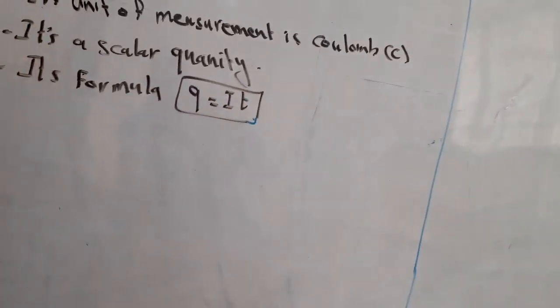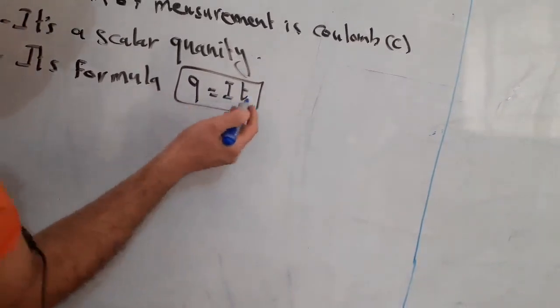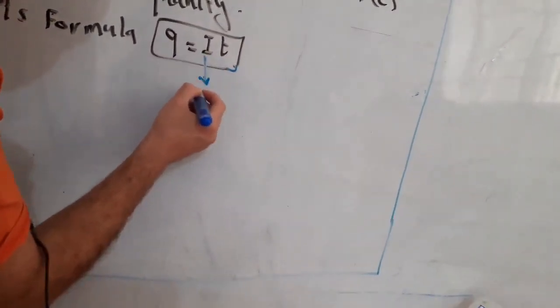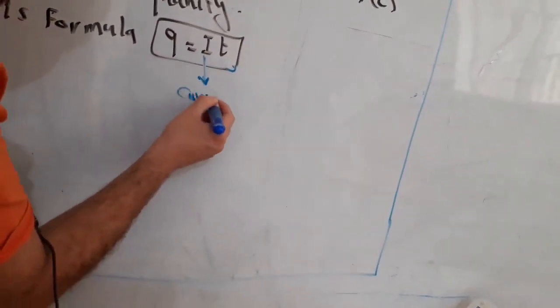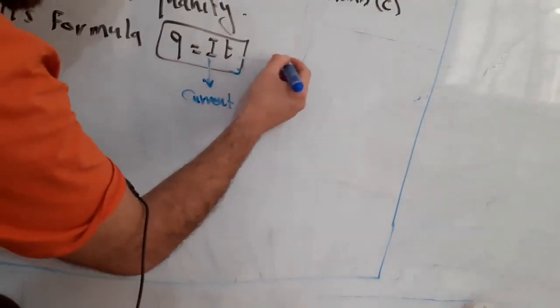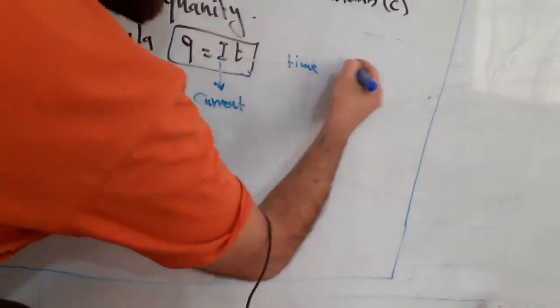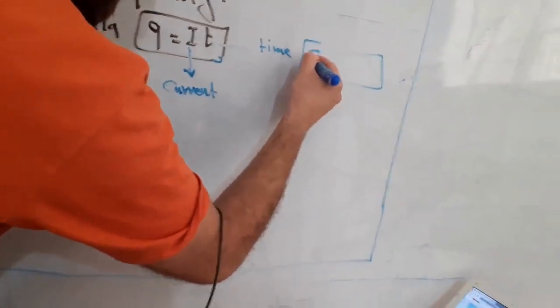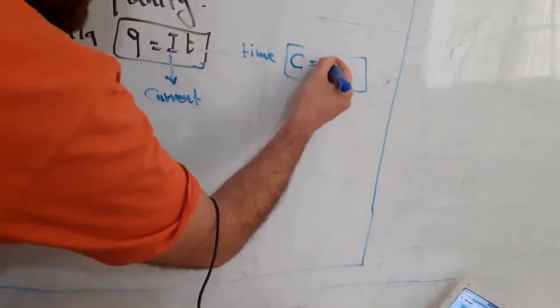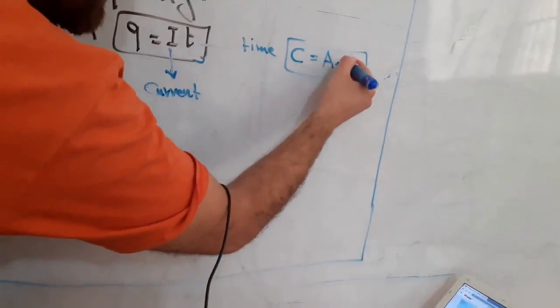Q is the charge, I is current, and T is time. So coulomb equals ampere times second.